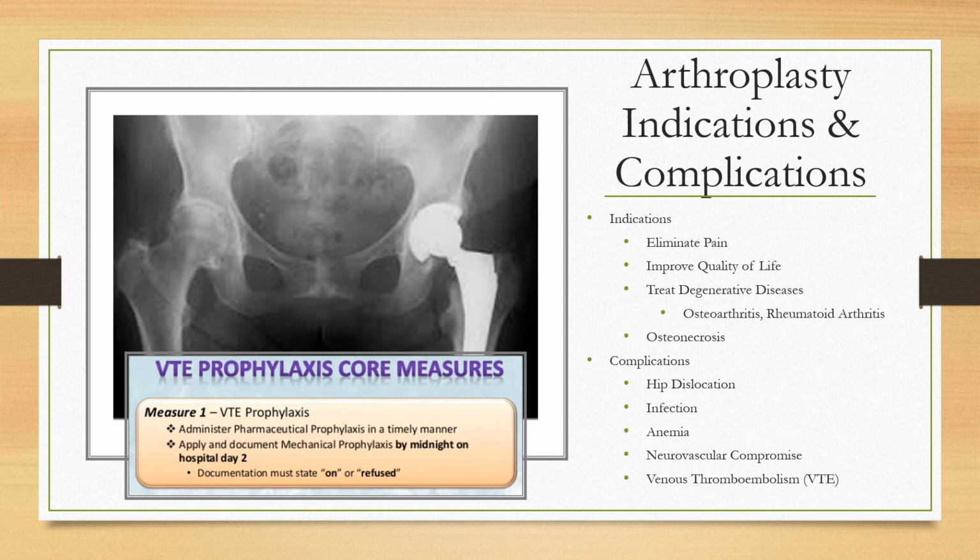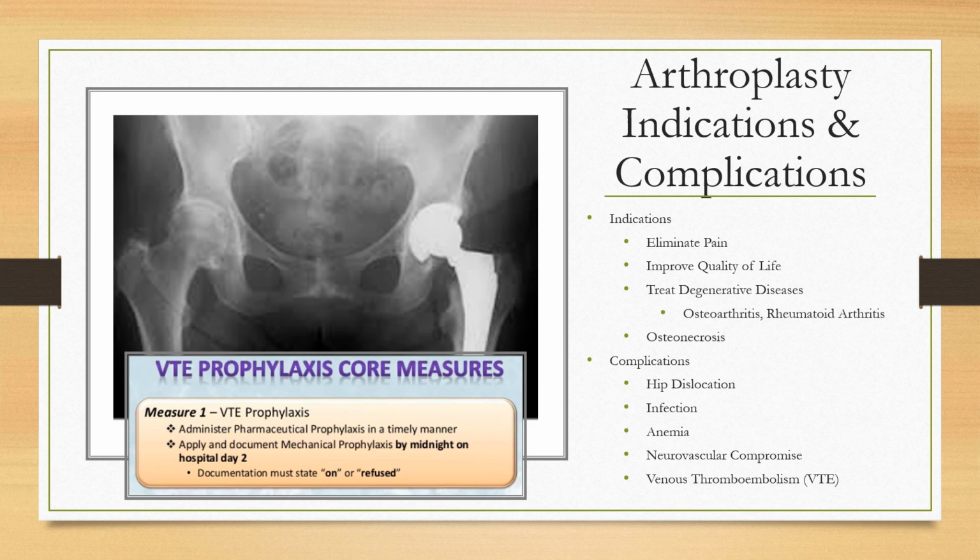Neurovascular compromise. So you can imagine that the original hip is being cut out with a saw or a blade, and they're inserting the new replacement, the acetabulum and the metal femoral head and shaft.